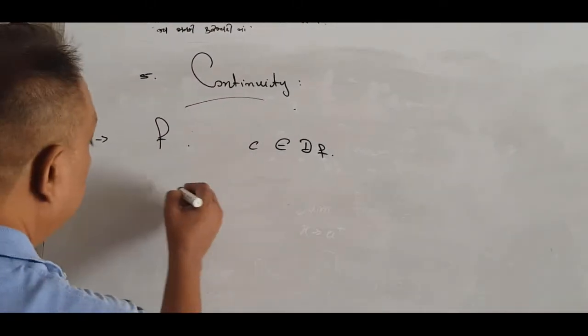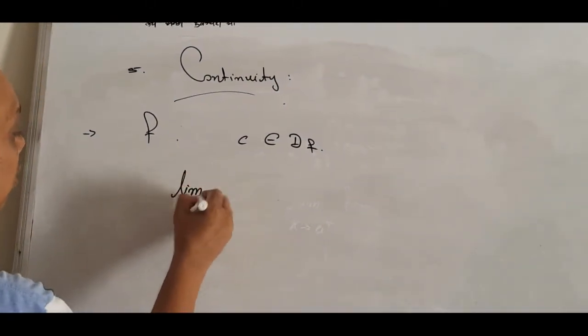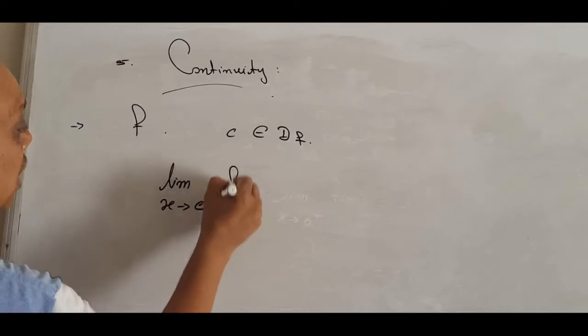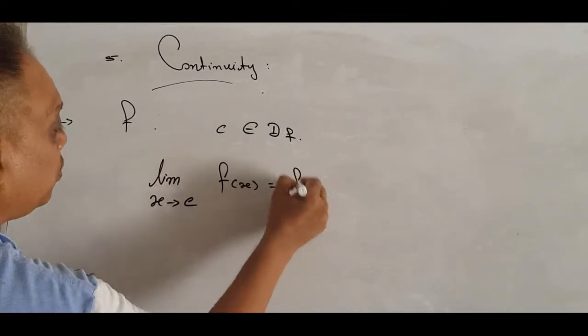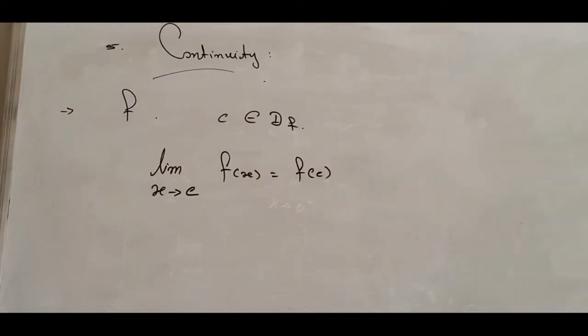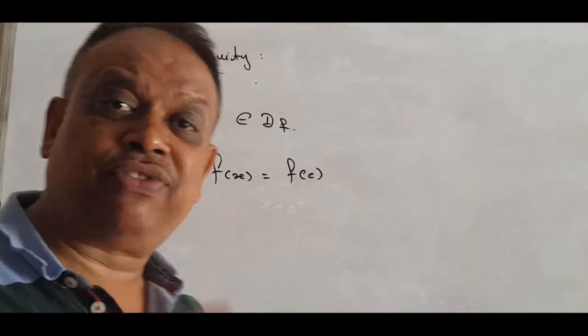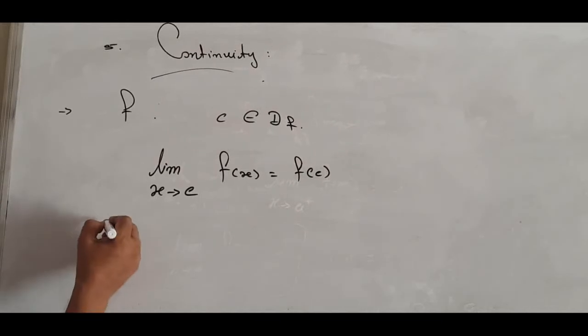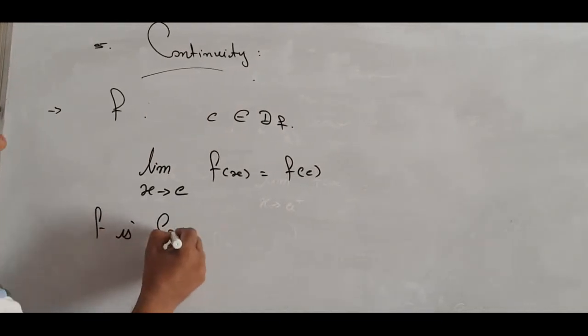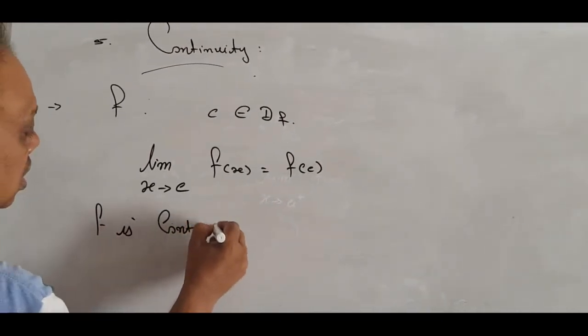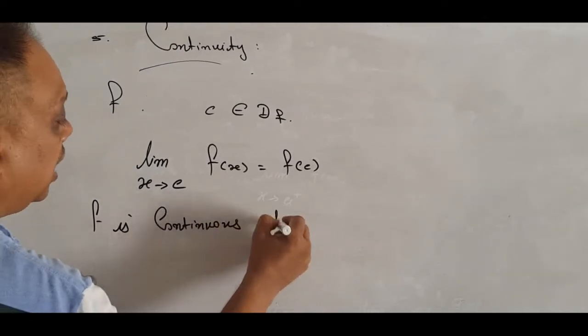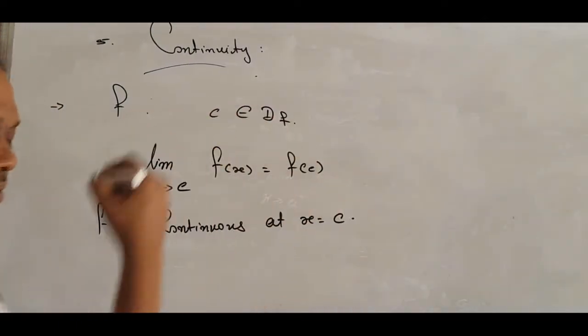And if limit of x tends to c, f(x) is equal to f(c), then we say that f is continuous at x is equal to c.